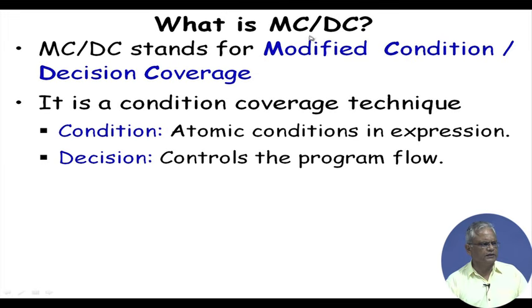So, MCDC stands for Modified Condition Decision Coverage, and here the terminology that we have been using, let me repeat that again. Condition, we mean the atomic conditions, and the decision is the one that determines the program flow, the control flow, it determines the outcome of the compound condition. So, this is the modified condition decision coverage.